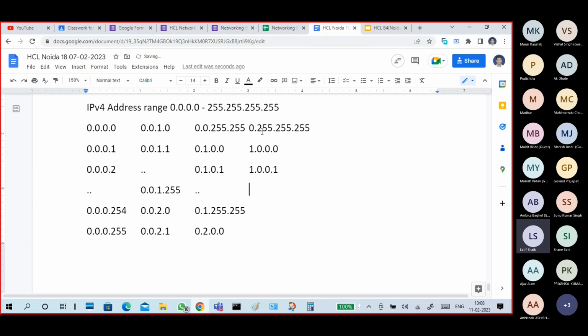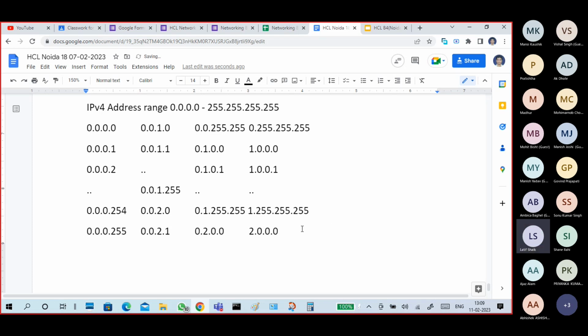If you keep writing, guys, you will write around 4.3 billion IP addresses. Okay, this also reaches 255.255.255, and it becomes 2.0.0.0.